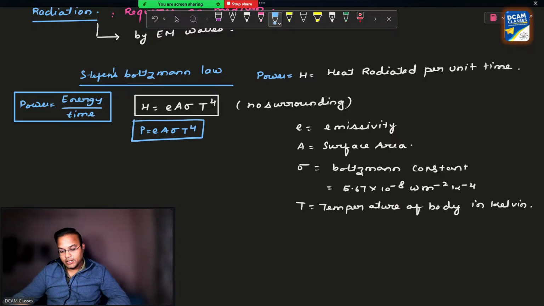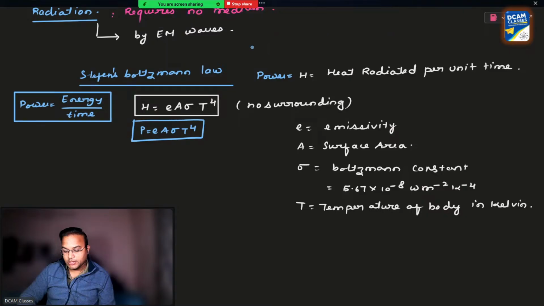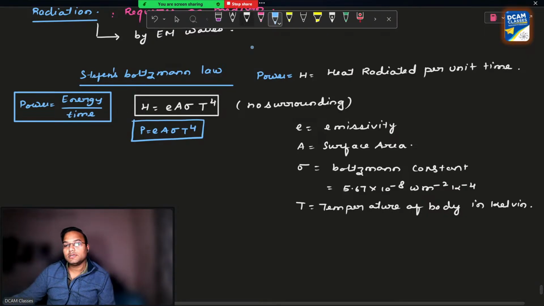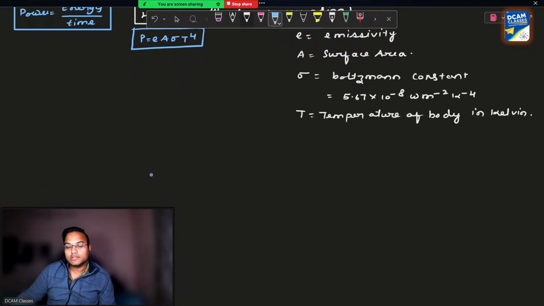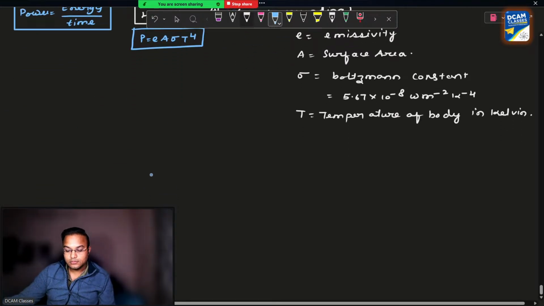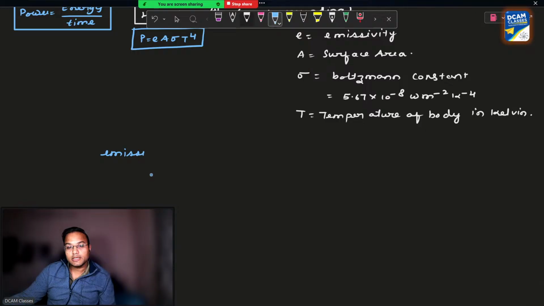Okay. Now let's learn some more things about this. I'll tell you the case also. This is the case with no surrounding. When surrounding is there, how this formula changes, all those things I'll tell you. Before that, let us learn about these things: emissivity, absorptivity.